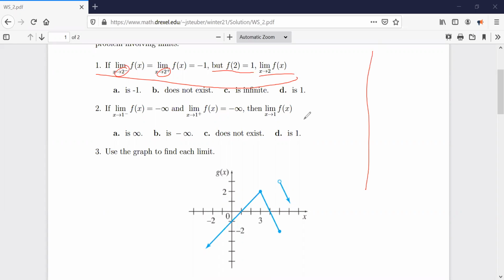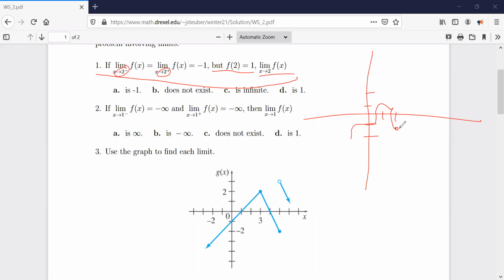So if I've got my graph here, let's say 1, 2, and 2, 1, 2. As x approaches 2, it looks something like this.